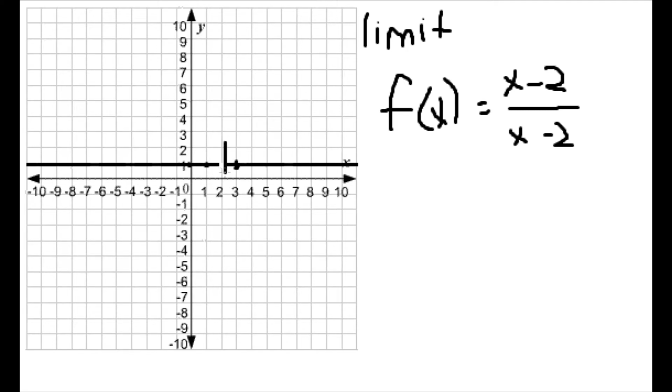And over here, like 2.000001, it's still equal to 1. So if 2 wasn't undefined, it'd be equal to 1, but it's undefined. That would be as x is approaching 2 from this side and from this side. As x is approaching 2, obviously, we'd say it's getting really close to 1.